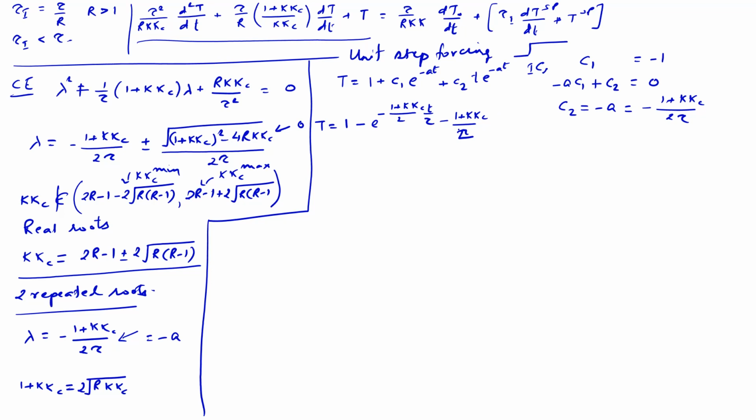Let me just clean it up a bit. Divided by 2 times t by tau, and I'll erase this so that I have some space. Times exponential minus 1 plus kkc divided by 2 times t by tau. So this is my unit step response.